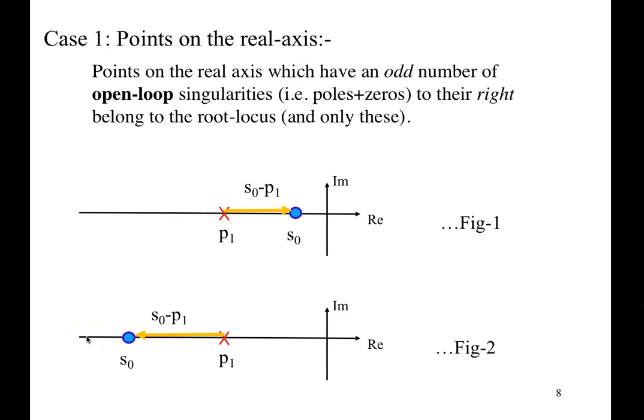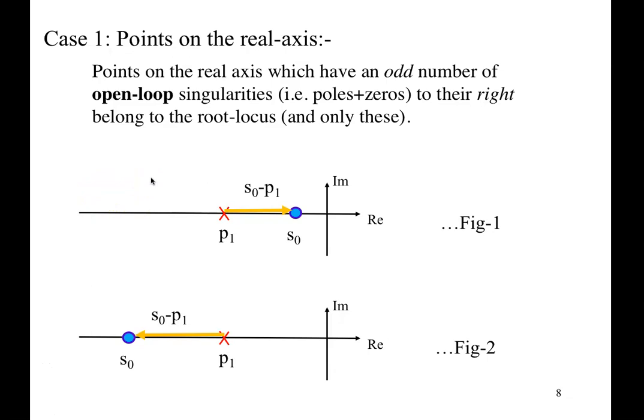So that's a simple example of how to apply the phase condition. But in general, if I have several open loop poles and open loop zeros on the real axis, if I have 3, for example, then it will divide the real axis into 4 different sections.